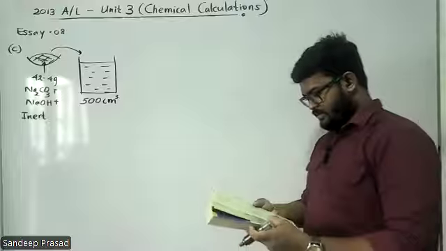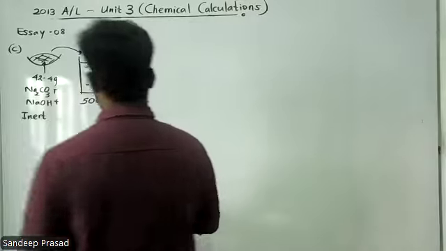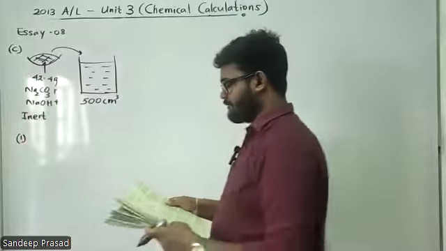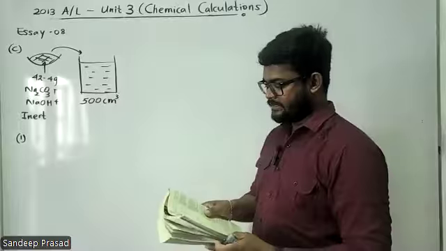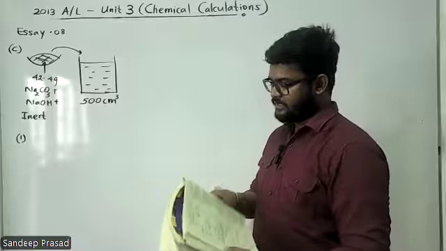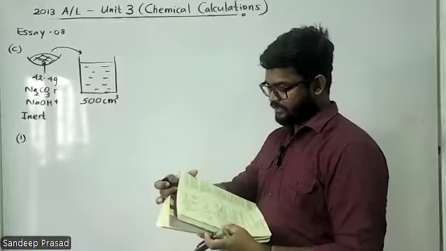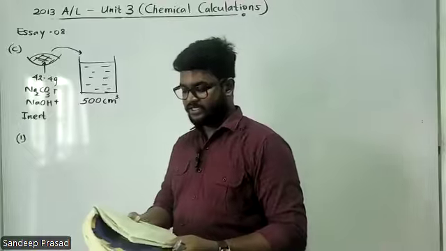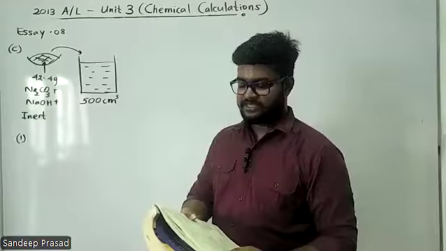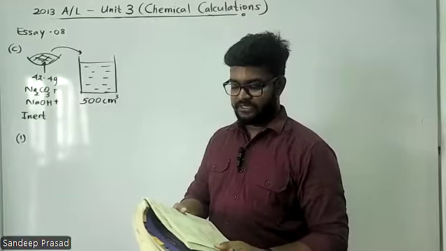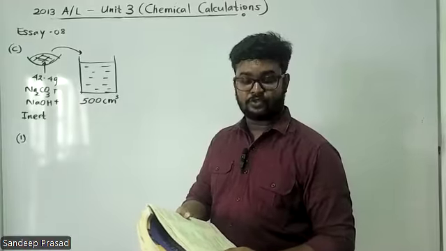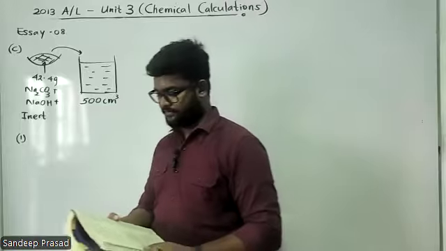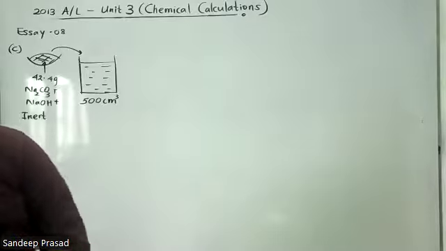Now, in the first process, a 25 cubic centimeter portion of solution X was titrated with a dilute HCl solution using methyl orange as the indicator until the color change from orange to red. The burette reading at the end point was 32 cubic centimeter. Now look at the process.